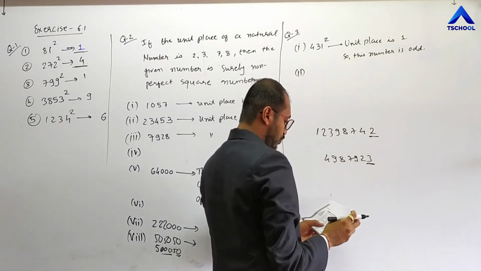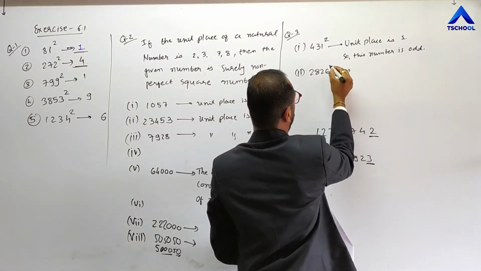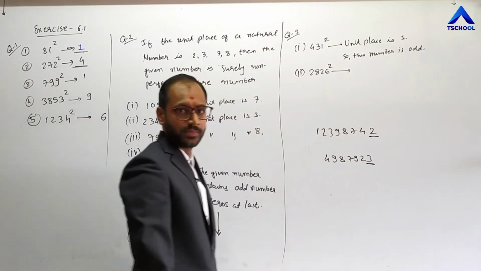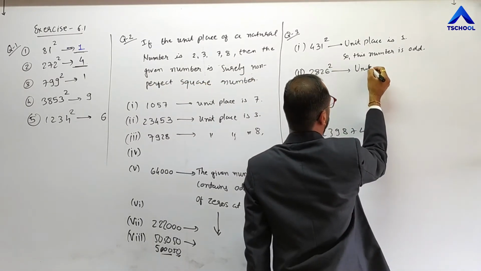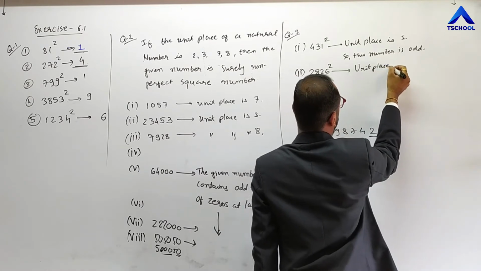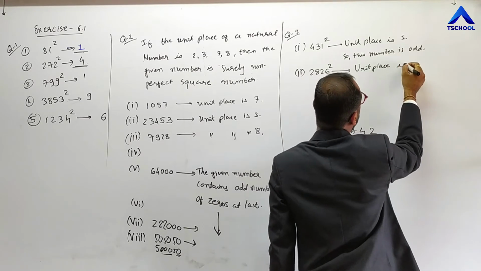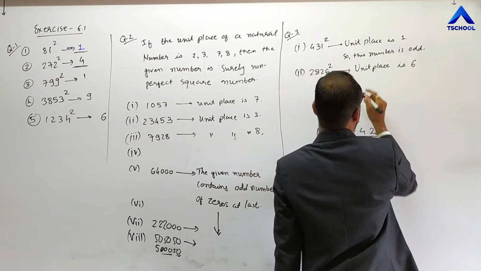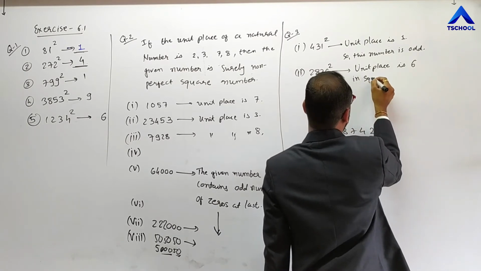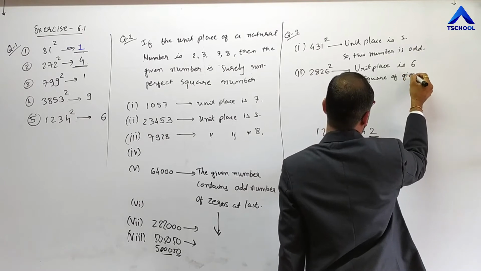2826. So what is the square of this? The square of the given number also contains a unit digit. The unit place is 6 in the square of the given number.